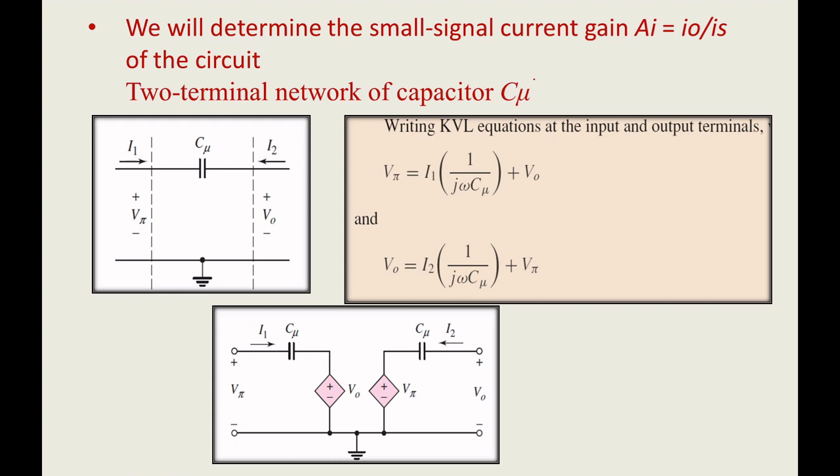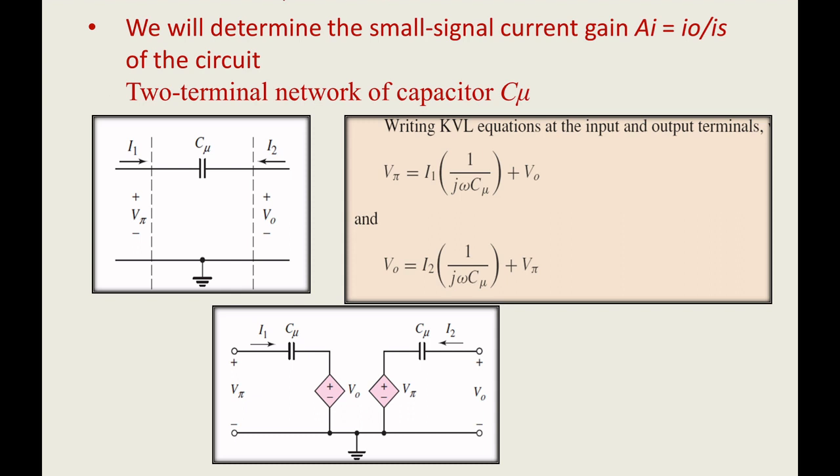I have redrawn that C mu as a two terminal network of the capacitor. This is terminal 1, this is terminal 2. Terminal 1 is designated as I1, and terminal 2 is designated as I2. The corresponding drops are V pi and V naught.